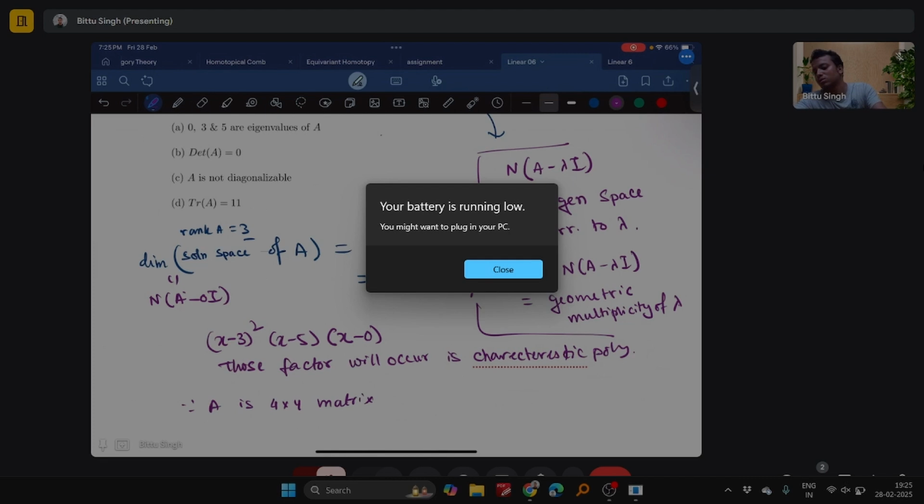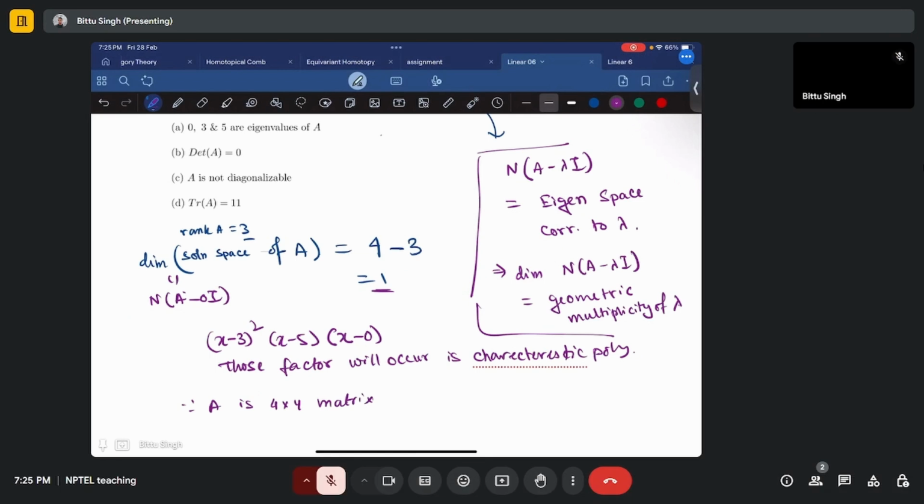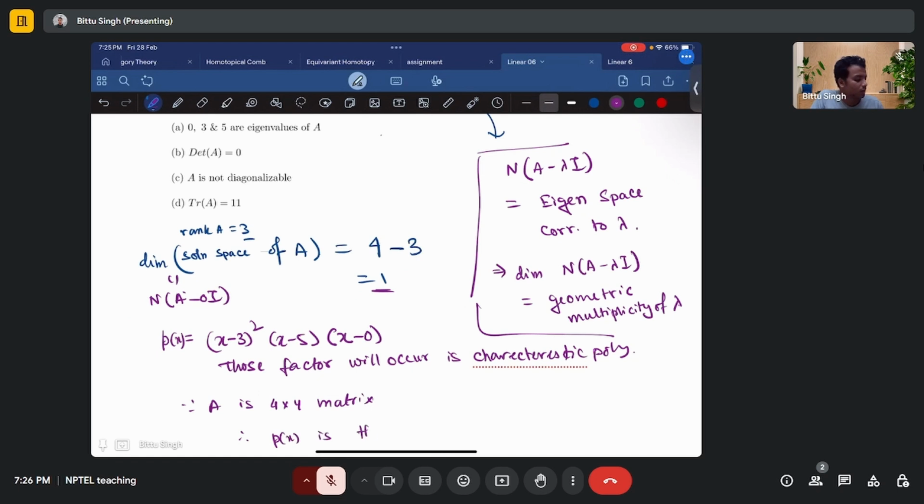So, since A is a 4 by 4 matrix, therefore if we denote it by p(x), it is the characteristic polynomial, right?